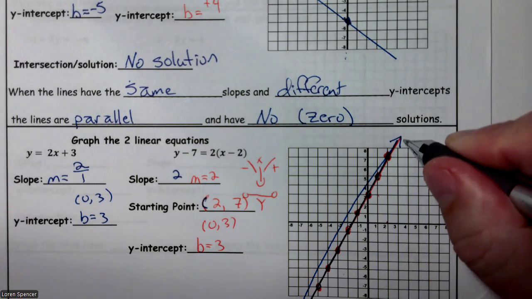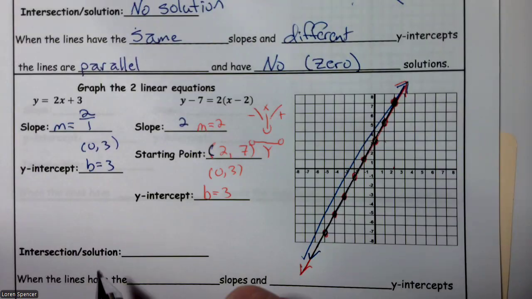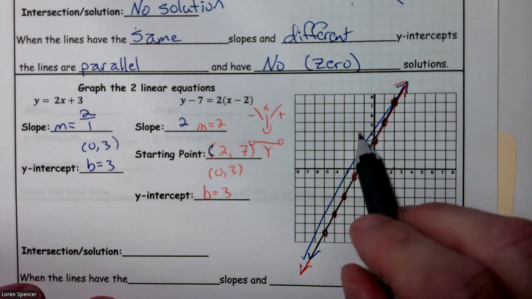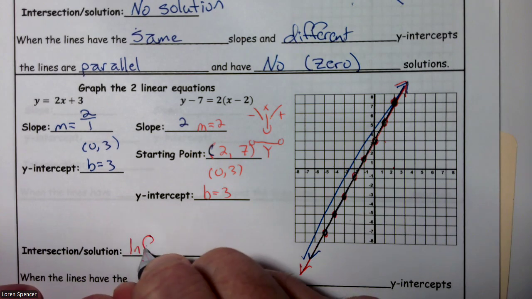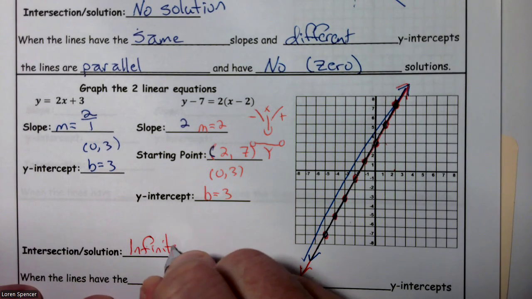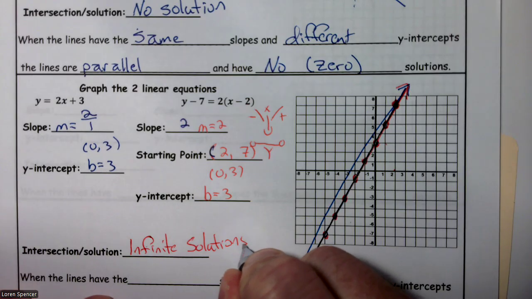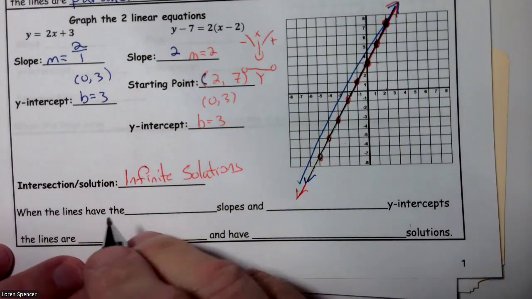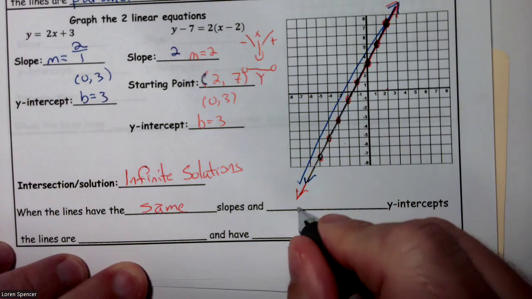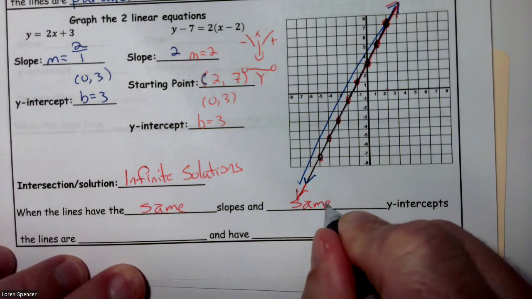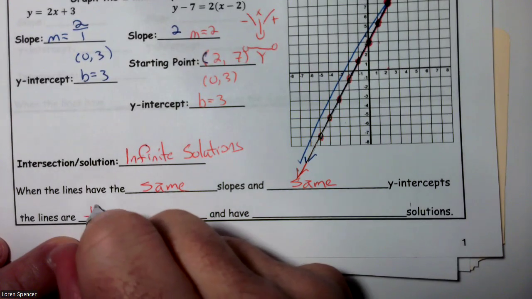So we have exactly the same line. When we have the same line, we're touching everywhere, and if we're touching everywhere, we have infinite solutions. So when the lines have the same slopes and the same y-intercepts, the lines are the same.